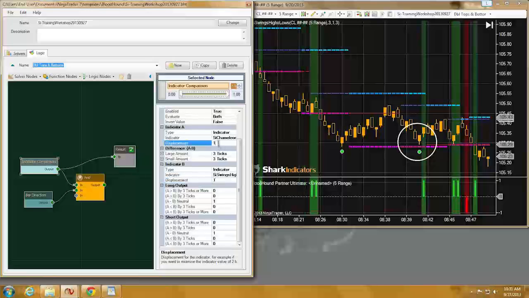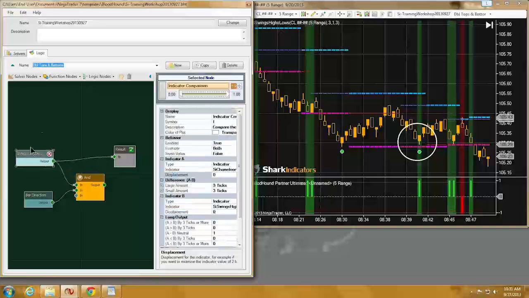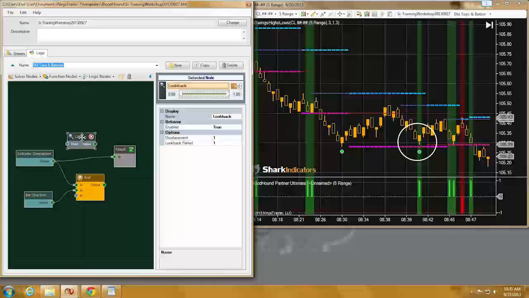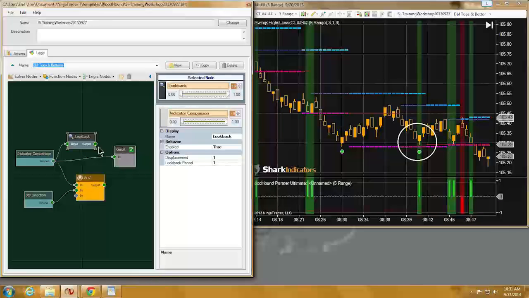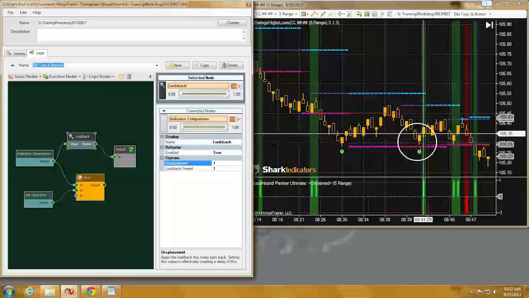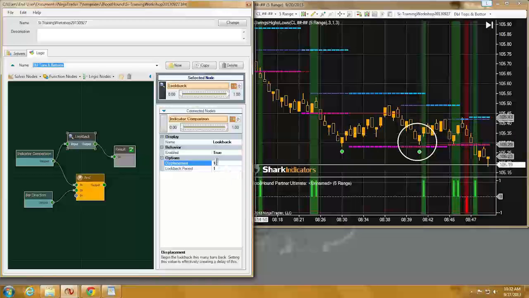It's not going to really do much, but that's one way to do it, is use the displacement that's built into the comparison solver. Another way I could do it is I can use the Lookback solver. I'll plug that in there, and you can see this has a displacement feature in it, and essentially it's already set up to displace your signal by 1 automatically. So I didn't really have to adjust anything.